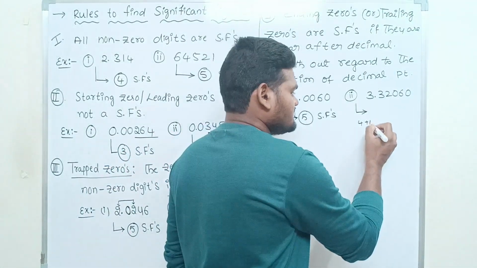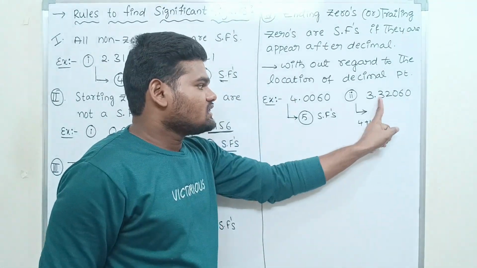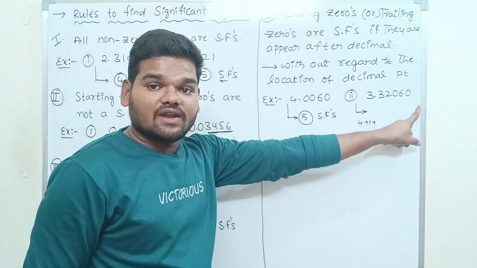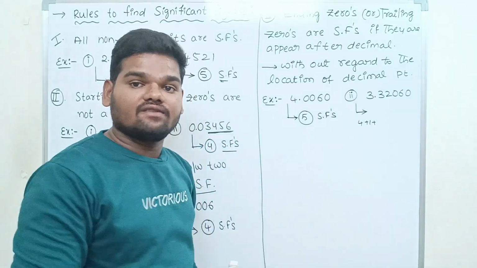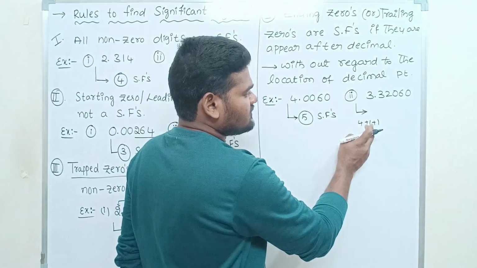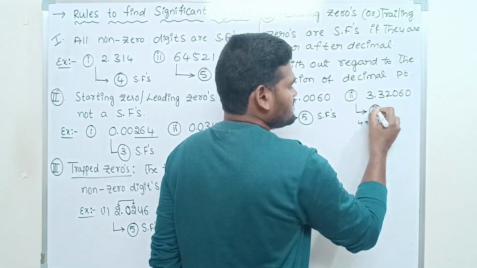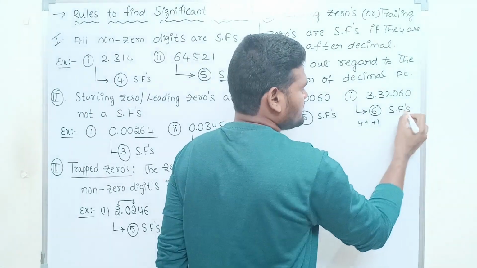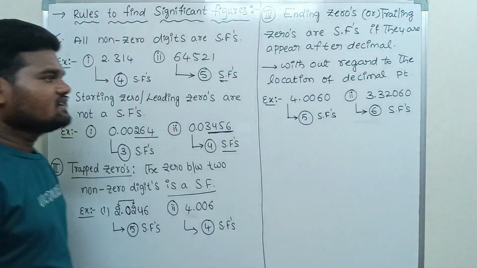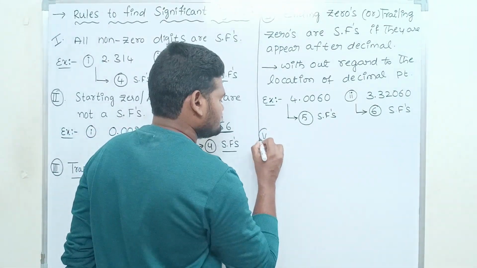One trapped zero. It is also a significant figure. One ending zero is there, and this ending zero is after the decimal. An ending zero after the decimal is also a significant figure. So 4 plus 1, 5, 5 plus 1, 6. 1, 2, 3, 4, 5, 6. So we have 6 significant figures. Are you getting it? Right. Let us see the fifth rule.